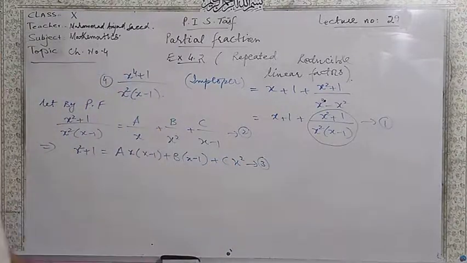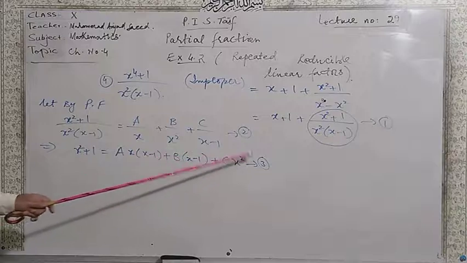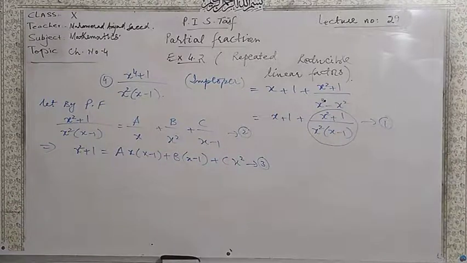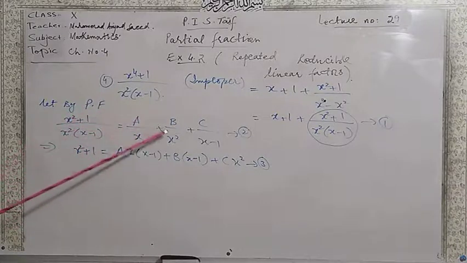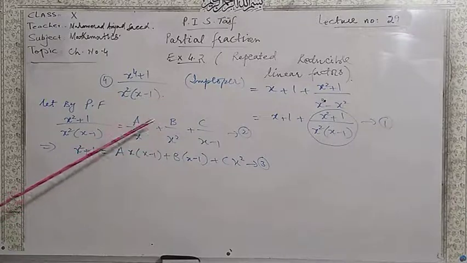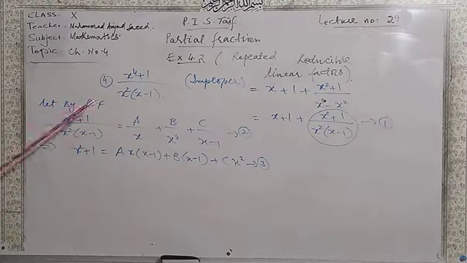So this is your equation number 3. We multiplied whole equation by this denominator, x square into x minus 1. Once it is cancelled, we got x into x minus 1. Secondly, x square and x square cancelled, x minus 1. Thirdly, x minus 1 cancelled out, x square, we got that.